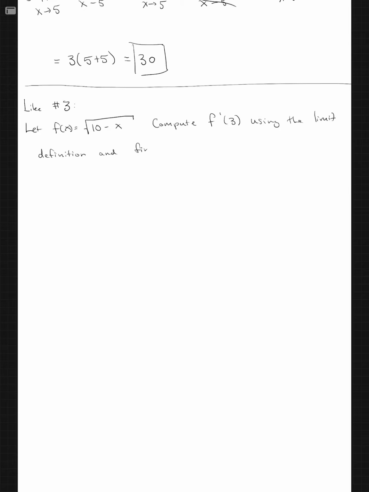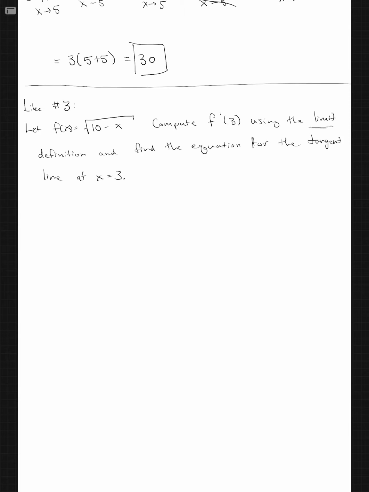And find the equation for probably the tangent line at x equals 3. Right?